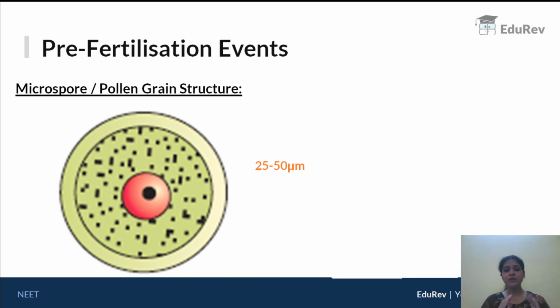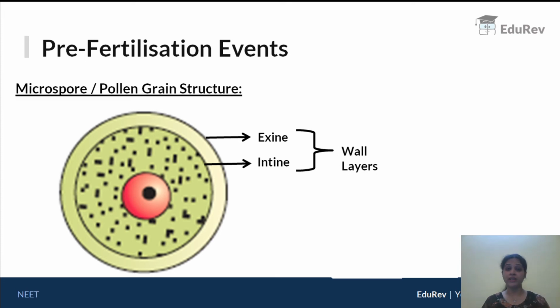But if you look at this pollen grain, it seems to have two wall layers, two outer protective walls. The outermost wall is called the exine, the inner wall is called the intine. So this is what makes up the wall layers. Now let's look at both of these individually, starting off with the exine. We said that the tapetum secretes sporopollenin, helping to form this exine.